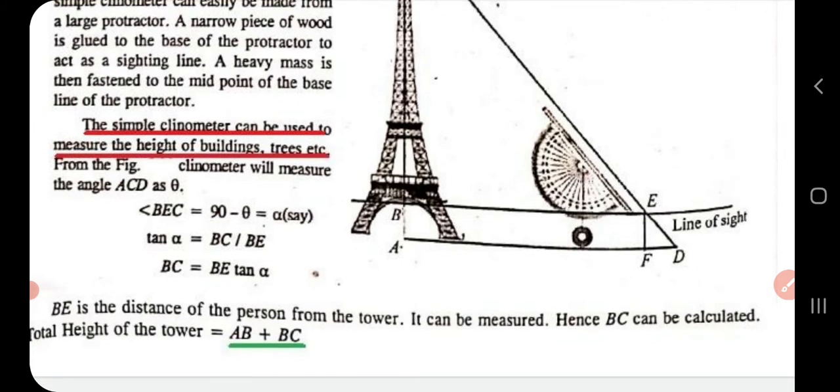Now BE, as per the figure, is the distance of the person from the tower. We can measure that distance. Hence BC can be calculated. So total height of the tower will be AB plus BC. This is just a simple illustration to show you how a clinometer is used to measure inclination.